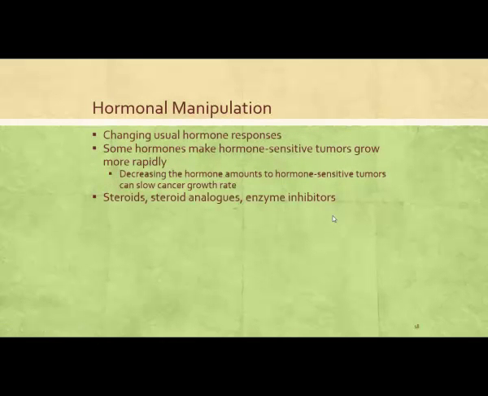With hormonal manipulations, remember, hormones exert their effects only on their specific target tissues. So some hormones make hormone-sensitive tumors grow more rapidly. So by decreasing the amount of hormone, we can help slow cancer growth. So when we think about that, think about steroids.